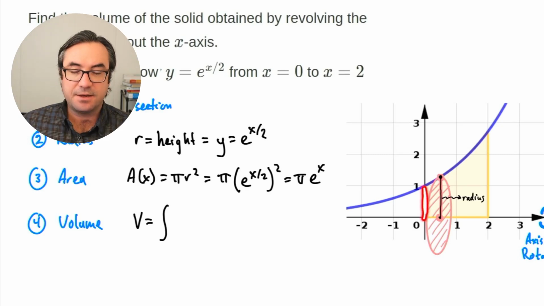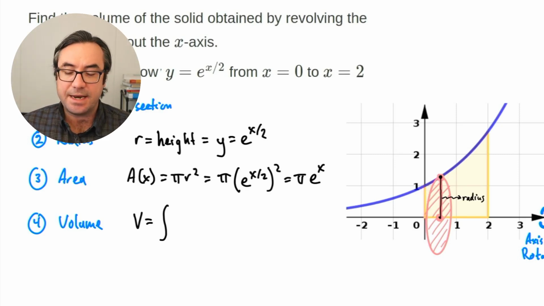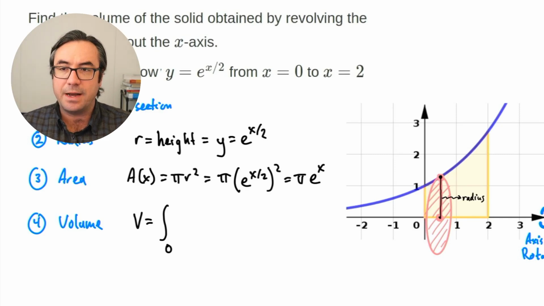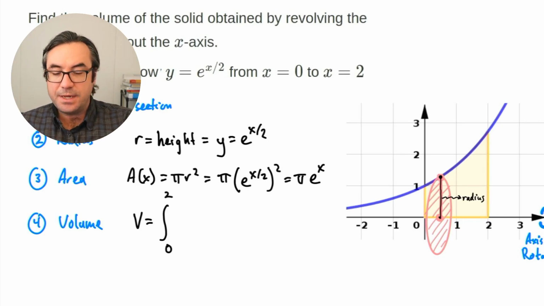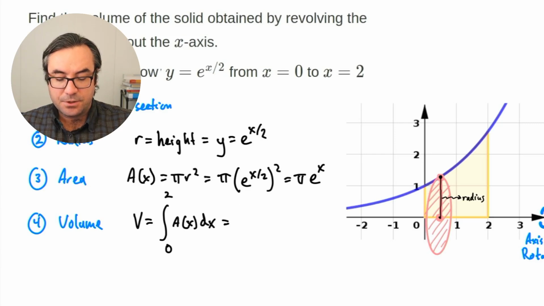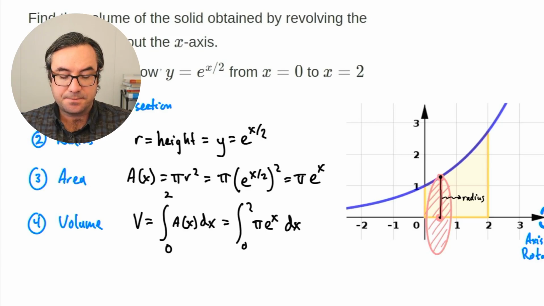The furthest left we can go is at x equals 0, so that's going to be our lower bound. And the furthest right we can go is x equals 2, so that's going to be our upper bound. And we integrate the area function we just figured out. In this case, it's pi e to the 2x.